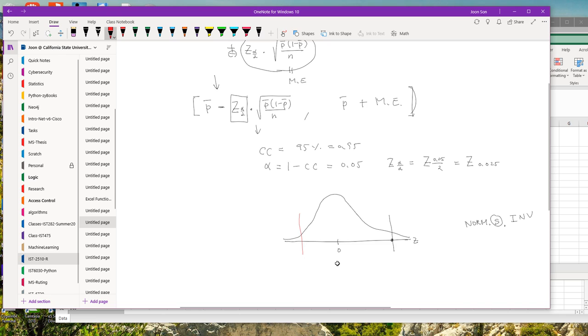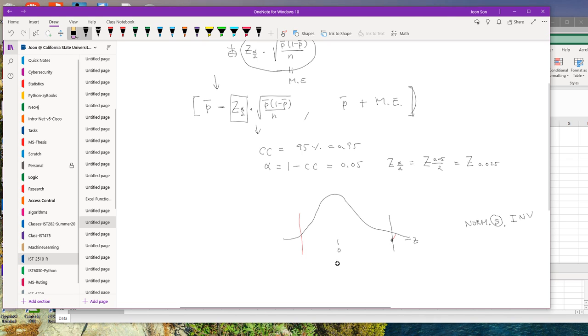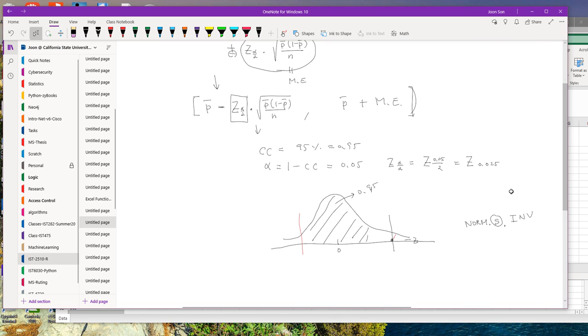I should have used the blue, not the red. This area is 0.95. For the NORM.S.INV function, you have to put the cumulative probability up to this area.